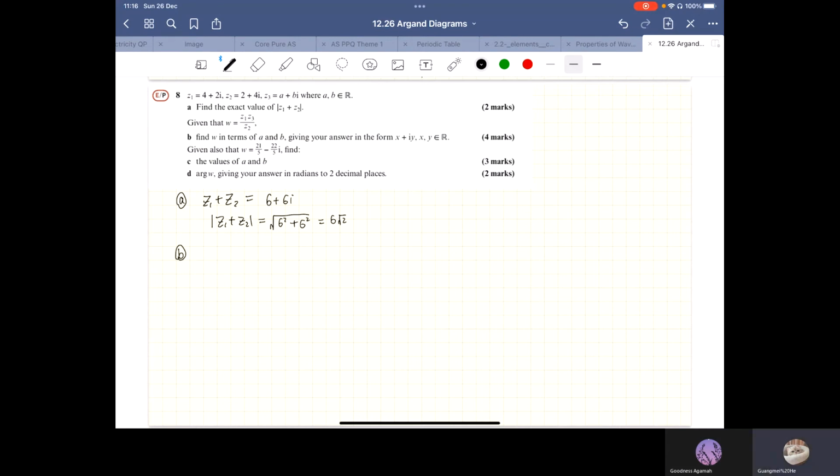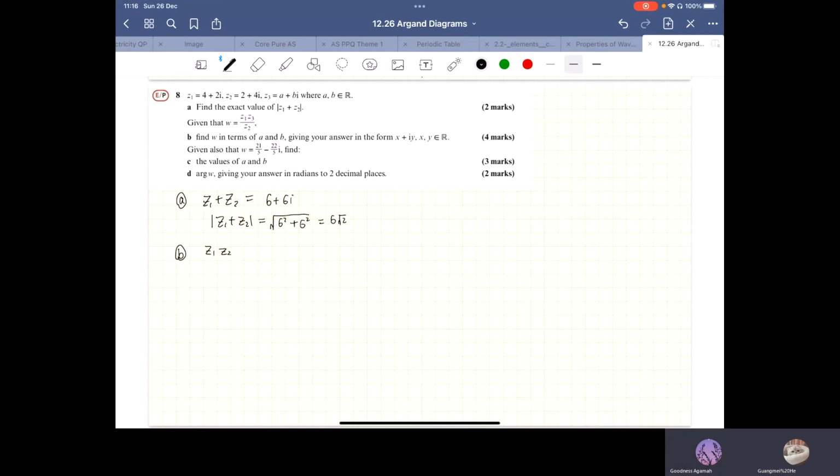Given that w equals Z1 times Z3 over Z2, find w in terms of a and b, and give your answer in the form x plus iy. Okay. So we need to find what is Z1 times Z3 over Z2. Let's represent this here.